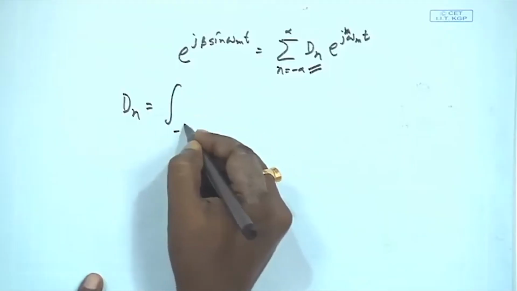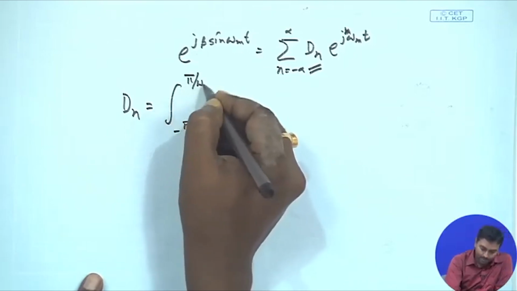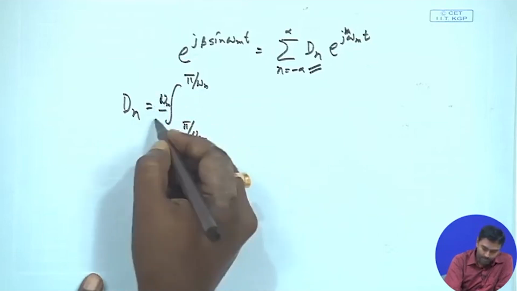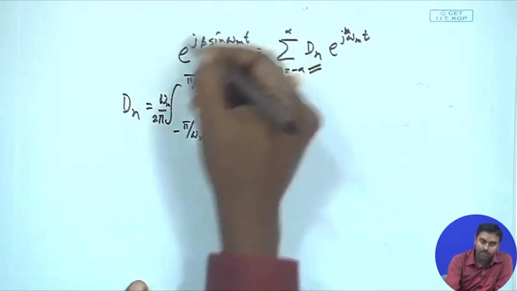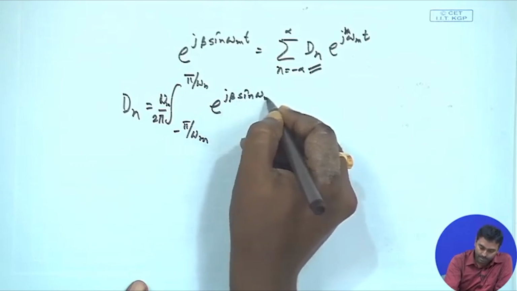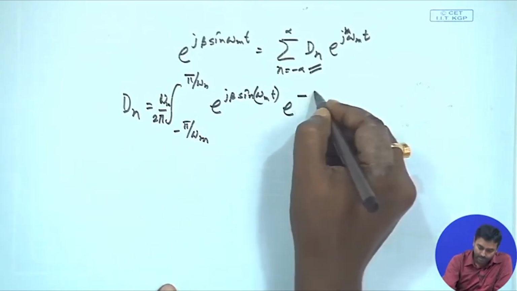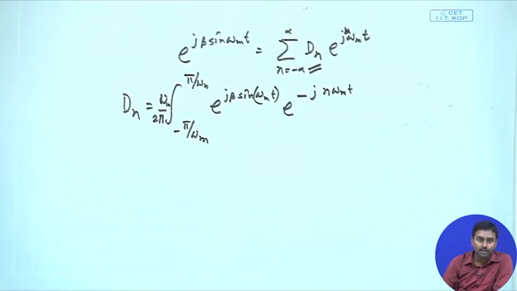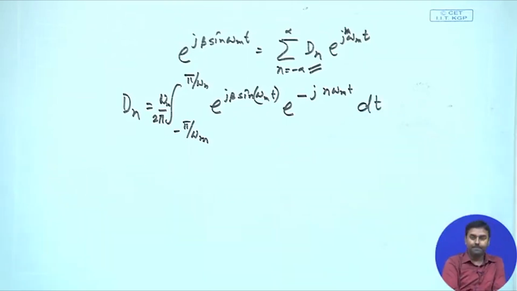So, it should be minus pi by omega m to plus pi by omega m, and 1 by T means it should be omega m divided by 2 pi, and the integration goes, this is the signal itself, e to the power j beta sin omega m t, right, multiplied by e to the power minus j n omega m t, right. That is the Fourier series analysis, dt, right.